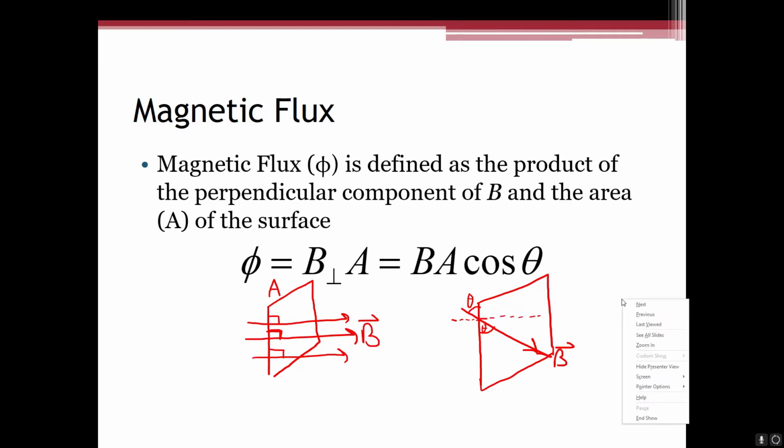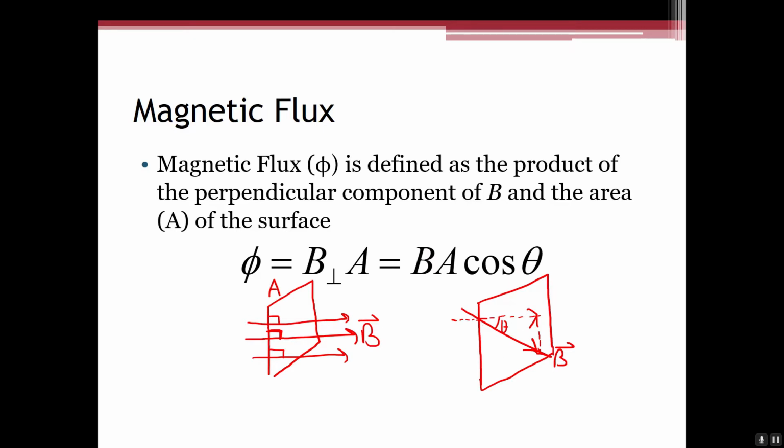Sorry, my mistake. There. So the angle that I'm measuring is going to be this angle here. That's theta. And I only want the perpendicular component, which is this part here. So using trigonometry, this perpendicular component is the cosine of this angle. And that's how we determine how much magnetic flux is going through this particular area.